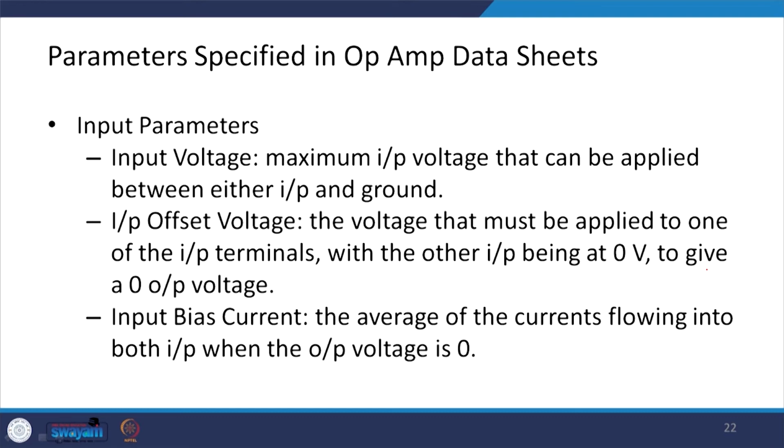Then let us look at what parameters are specified in an op-amp data sheet. What parameters does the manufacturer specify in the data sheet for the op-amp? These parameters could be input parameters, output parameters, and dynamic parameters.